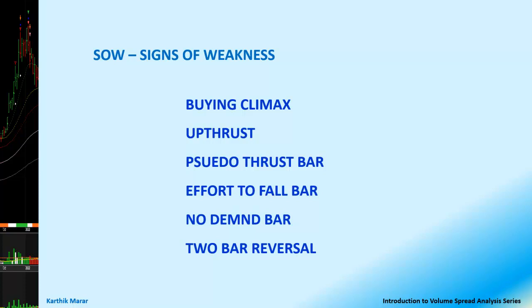And the signs of weakness are the buying climax, upthrust bar, pseudo upthrust bar, effort to fall bar, no demand bar, and the 2-bar reversal. In fact, the 2-bar reversal is not a classical VSA textbook signal. It is more of a combination signal because it depends on a sequence of price actions.